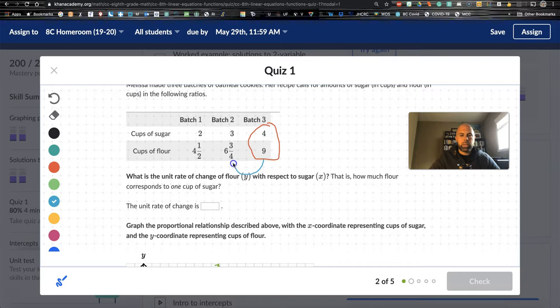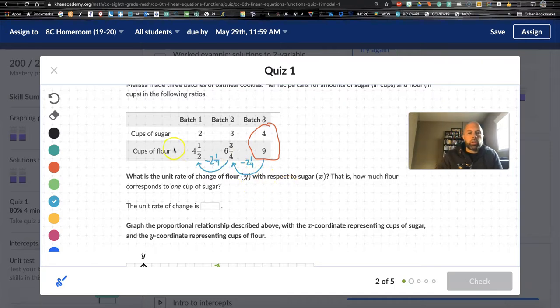From here to here is minus 2 1/4. Does that make sense? And then from here to here is minus 2 1/4.